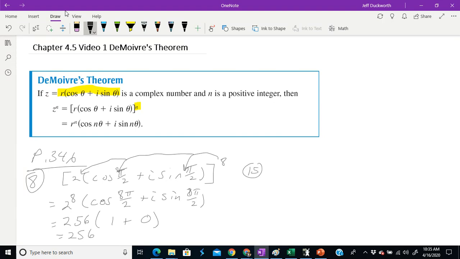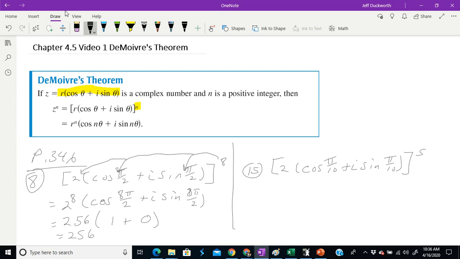They're giving us 2 here each time, which is pretty easy to manage. This time, instead of pi by 2, it's pi by 10. And this time, instead of 8, the power is 5. So this is the problem from the book.